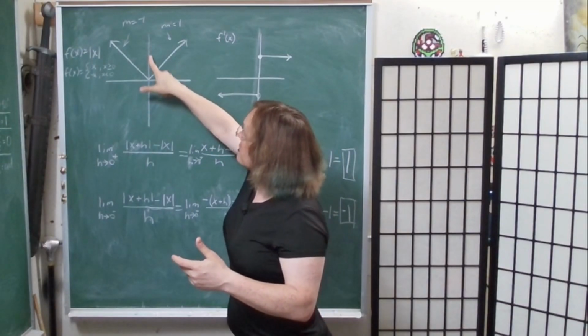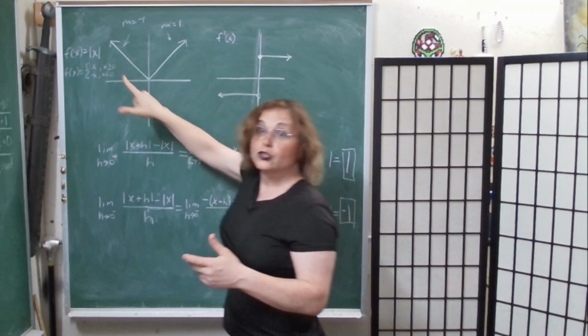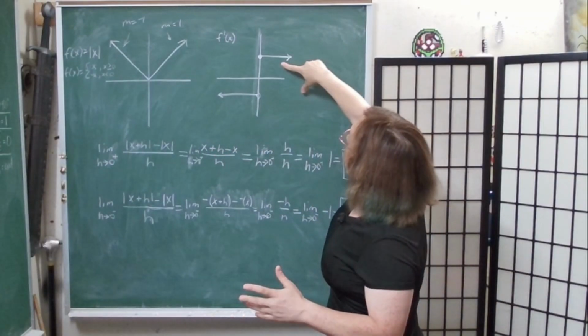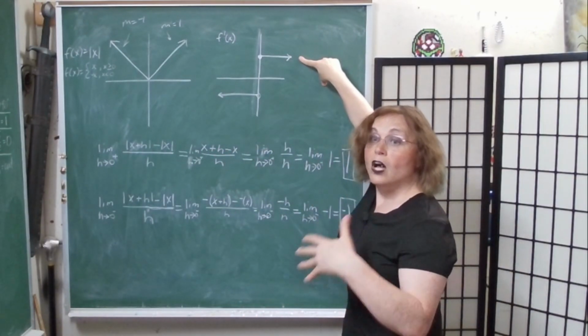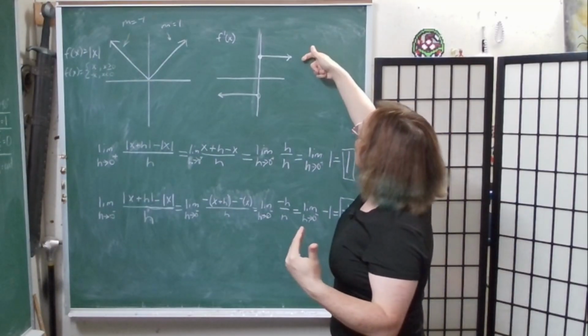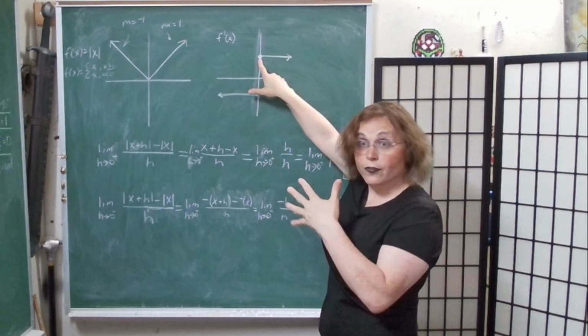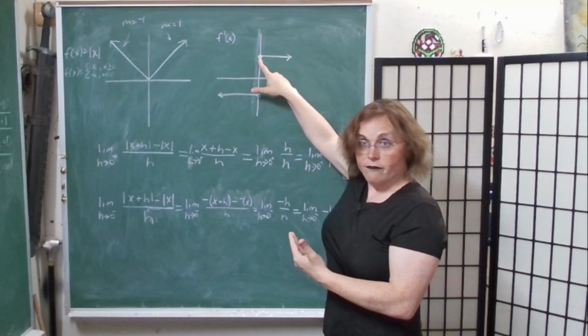And then at that point, well, we're up here. So we have a constant flat line of 1 coming to here with a closed circle indicating that we would be here on our graph.